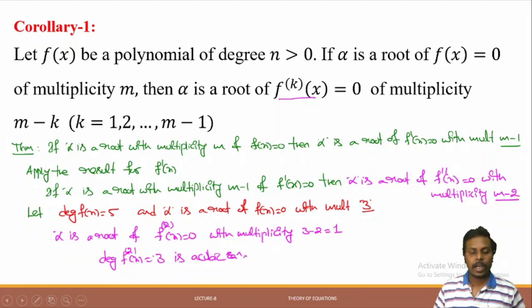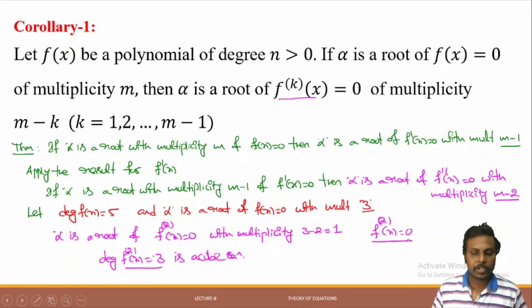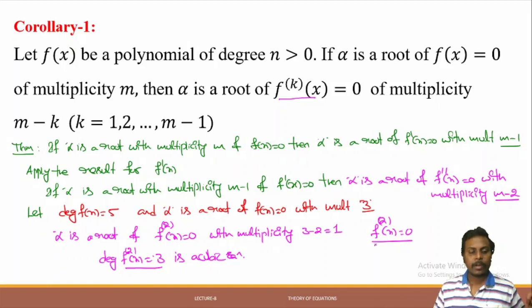Now to find the root alpha, you need not solve the main equation directly. Instead, you can solve the polynomial f double dash x equal to 0. Every time you differentiate a polynomial of degree n, its degree reduces by 1. Since f of x is a polynomial of degree 5, upon differentiating once, its degree decreases by 1. That means the degree of f dash becomes 4 and that of f double dash becomes 3.